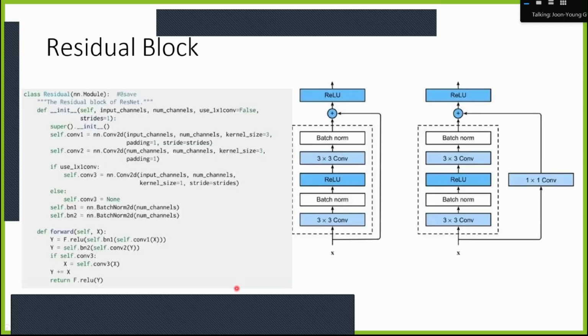So this is the example of the residual block, the implementation of it.